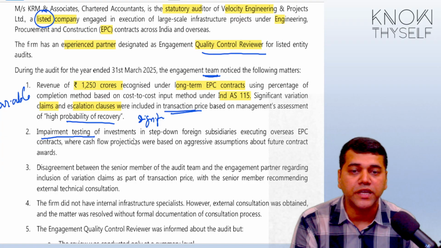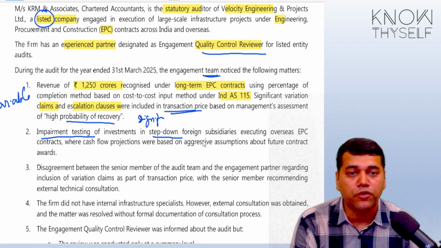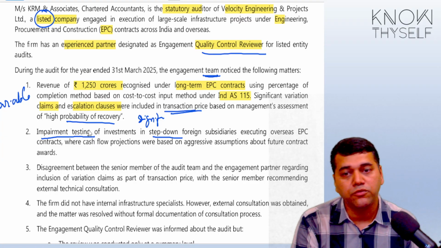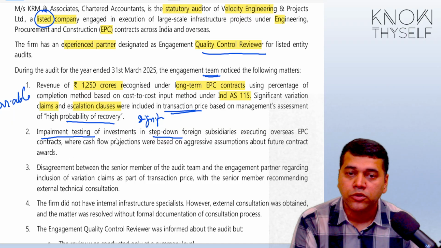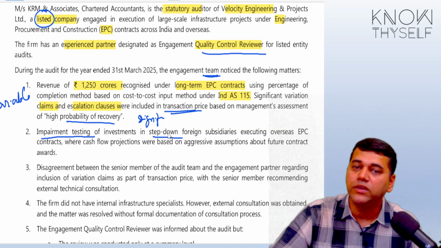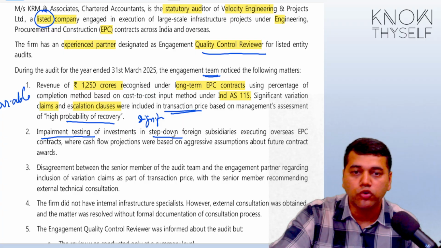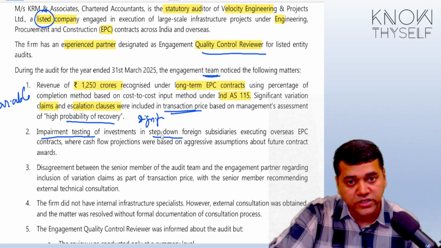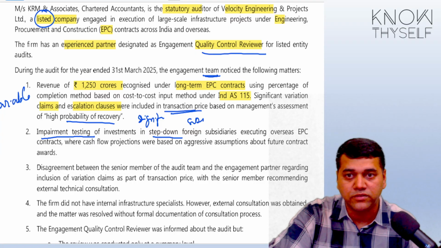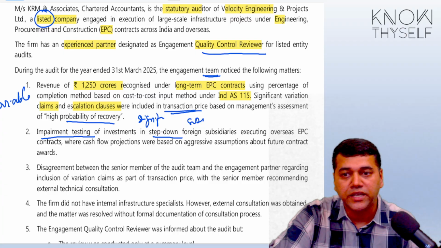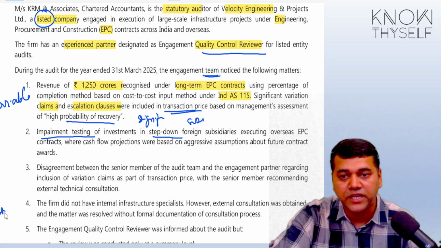Second: impairment testing of investment in a step-down foreign subsidiary. Under Ind AS 36 on impairment, foreign subsidiaries can also get impaired, with allocation, full goodwill method and so on. What is a step-down subsidiary? It is a sub-subsidiary. Velocity Engineering has one subsidiary, and that will have another subsidiary in a foreign country.